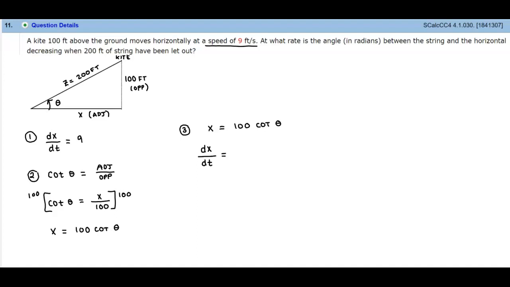And then that's going to equal, well, the outside is 100 cotangent. The derivative of 100 cotangent theta is going to equal negative 100 times the cosecant squared theta. And then, using the chain rule, we take the derivative of theta with respect to t. So this is d theta over dt.